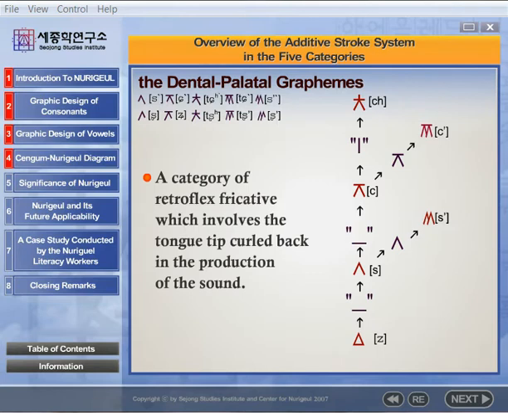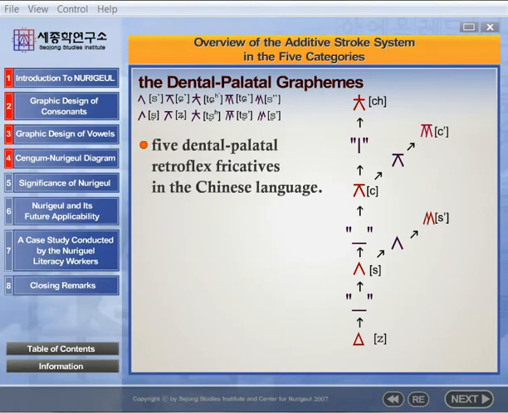There is a category of retroflex fricative which involves the tongue tip curled back in the production of the sound. There are 5 dental palatal retroflex fricatives in the Chinese language.